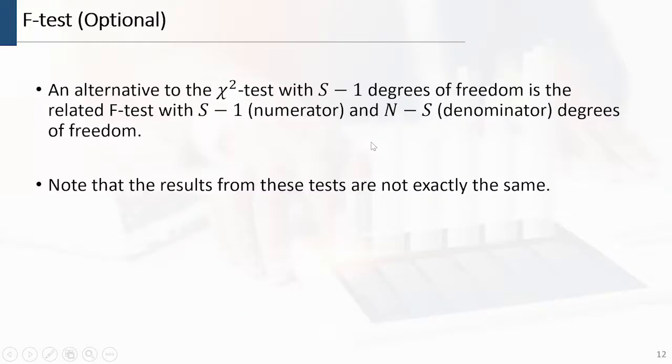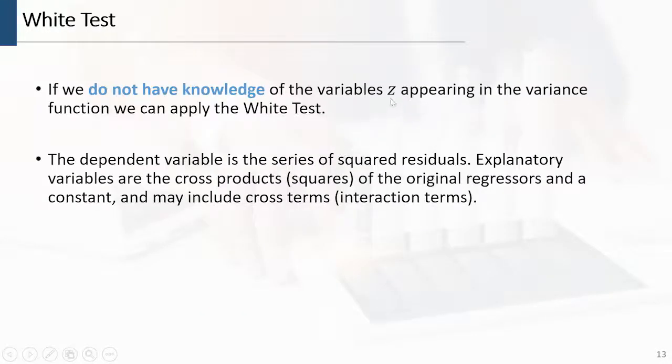So a very plausible suggestion will be that we just use the independent variable x's as the variables for z. In this case, it's simply that we regress the square error on all the independent variables and see whether the square error is correlated with all the independent variables. And if the correlation is strong, that's an indication for heteroscedasticity.